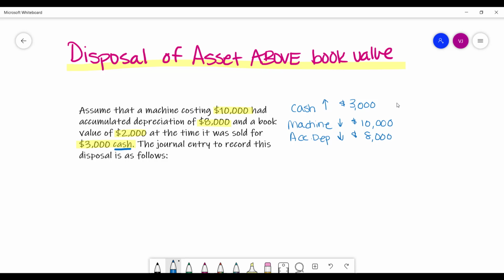Okay, now we have to determine, is there a gain or loss on sale here? So to determine that, we say, okay, well, how much cash are we getting? The cash received is $3,000 versus the remaining book value. What's the book value? Well, the book value left over is $2,000.